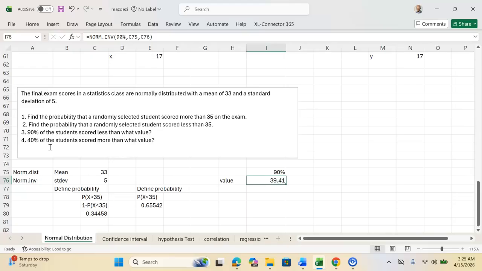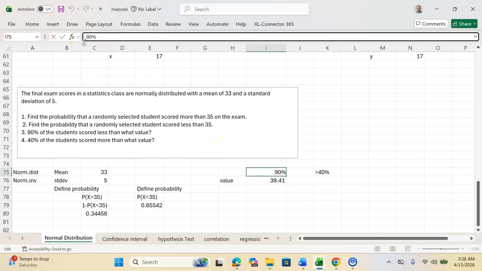In this case, we are looking to the right, so let me write here 40%. We're looking at greater than 40%, while the previous one is less than 90%.